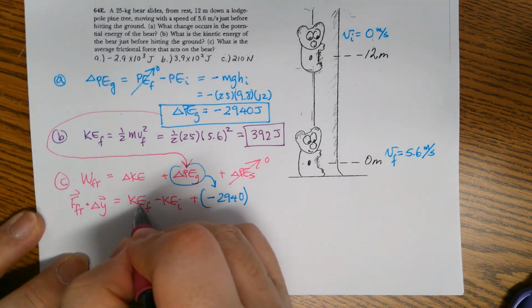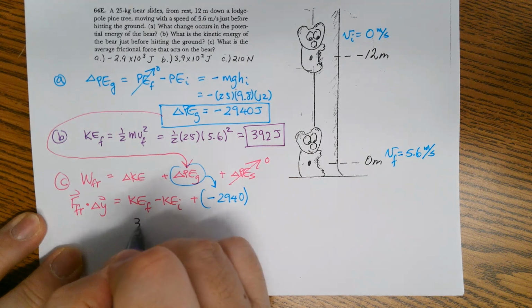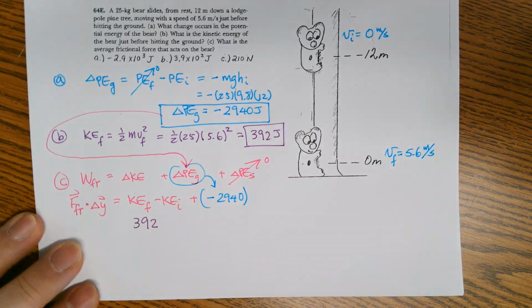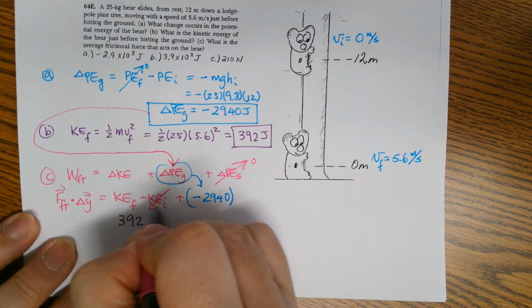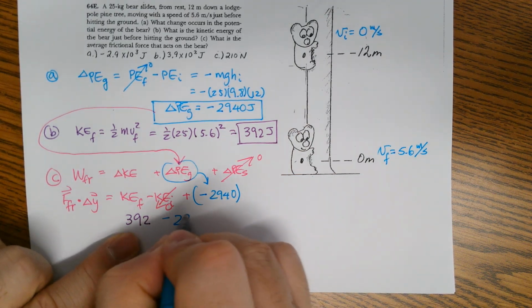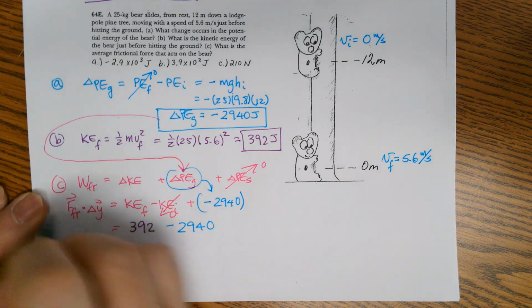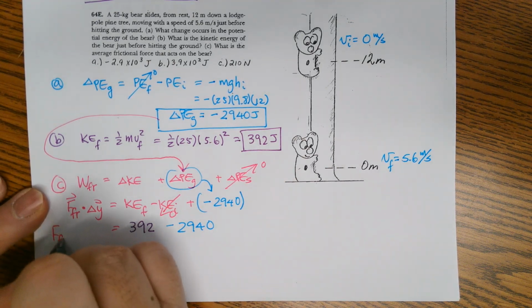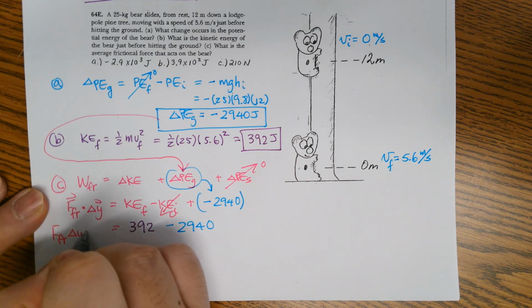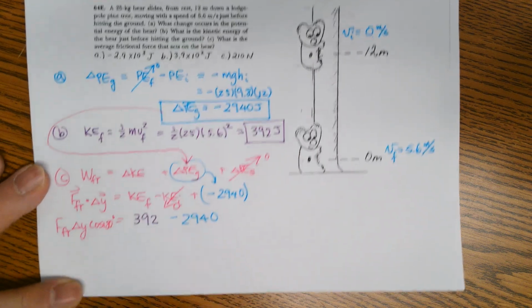We know kinetic energy final we calculated to be 392, and the initial kinetic energy is 0. So 392 minus 2940 is equal to F friction times delta y times cosine of 180.